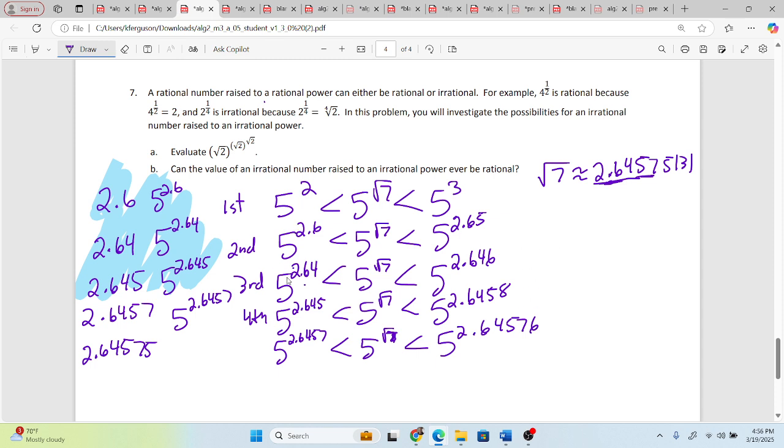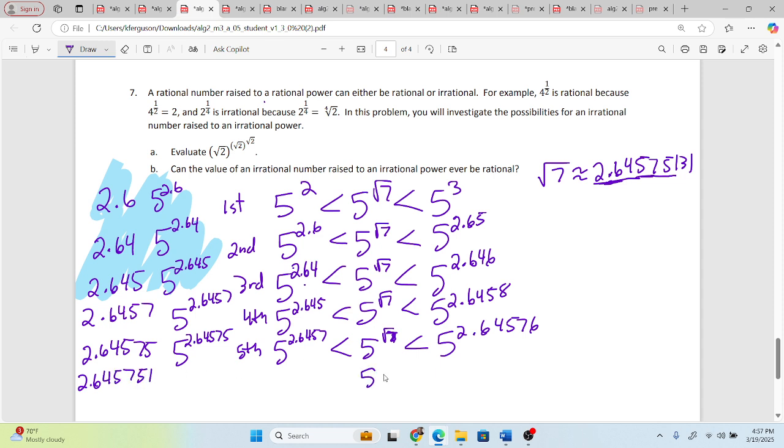Okay, 1, 2, 3, 4, 5. So that's my fifth interval. That's 5 to the 2.64575 power. So we go to the next number, right? That's 1. So we're looking at 2.6457551.